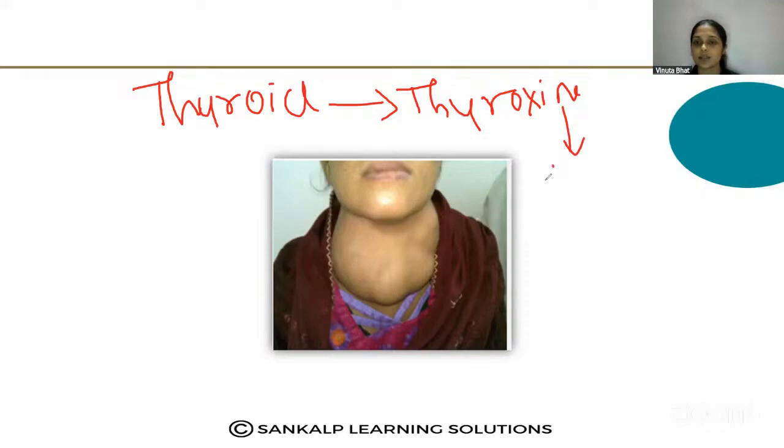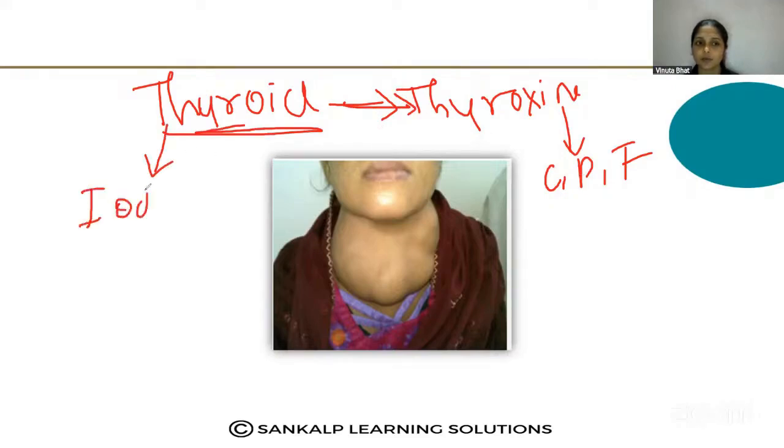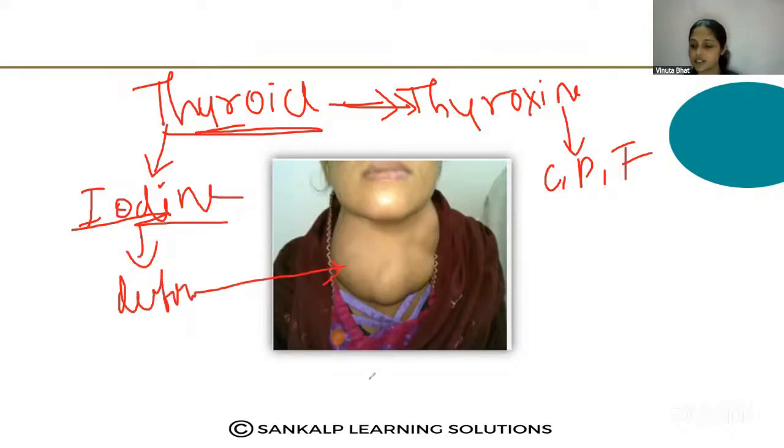That is carbohydrate, protein and fat metabolism. This thyroid gland is able to synthesize the thyroxine only in the presence of iodine. The deficiency of iodine leads to the goiter disease.